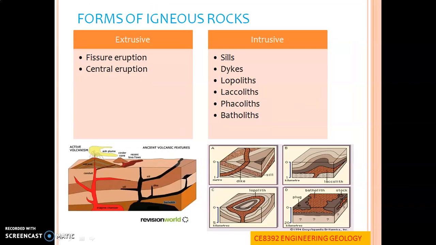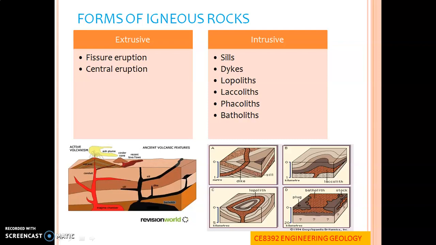What are the various forms of igneous rocks? In extrusive igneous rocks, the forms are fissure eruption and central eruption, whereas in intrusive igneous rocks, the various formations are sills, dikes, lopoliths, laccoliths, phacoliths and batholiths. As shown in the figure below, when the molten magma tries to come out of the Earth's interior, it fills the cavity inside the Earth's crust.